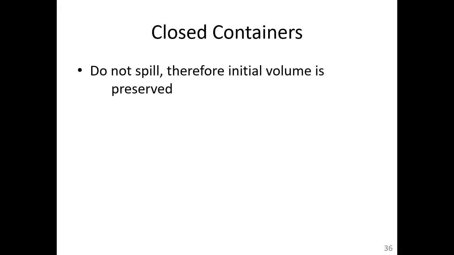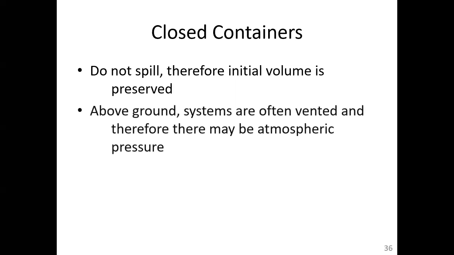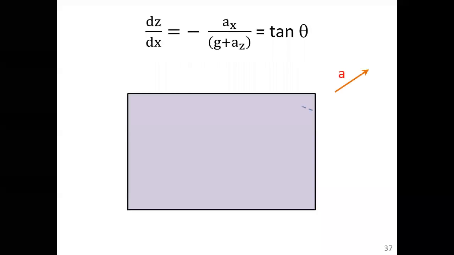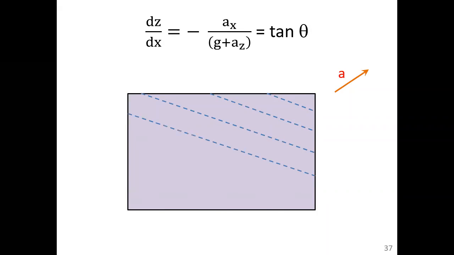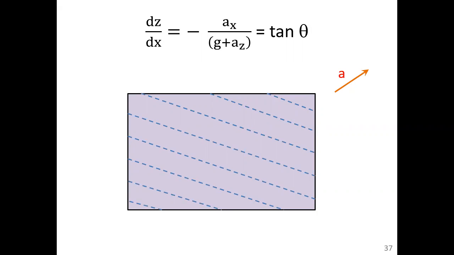So in the closed containers, again, the big difference is you will not spill anything. Initial volume is preserved. And again, very often our real engineered systems are vented to the atmosphere. And so again, this equation is operable, and all that equation is describing is the slope of the contours of constant pressure.